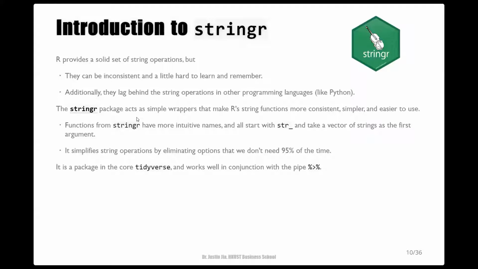For instance, all function names start with this prefix, and all functions take a vector of strings as a first argument. stringr simplifies string operations by eliminating options we don't need most of the time. And it is a package in the core tidyverse and works well in conjunction with the pipe operator.